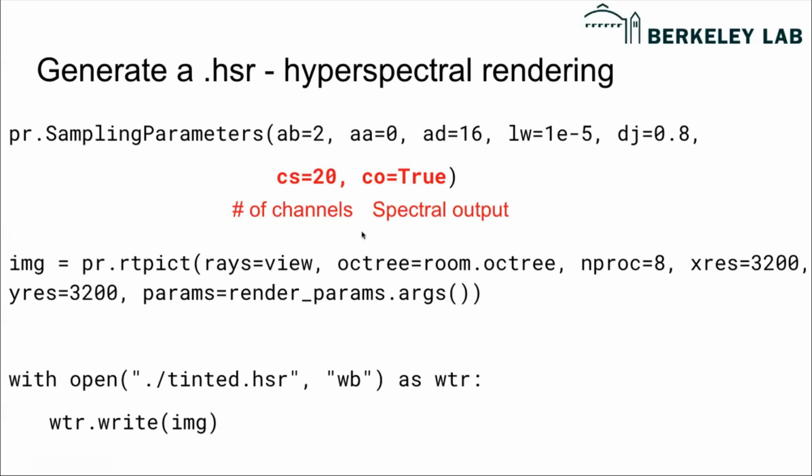And the two things to notice are CS equal to 20, that's the number of spectral channels that you're putting in, and then CO equal to true will give you the spectral output. And then this function will generate the HSR for you, but it doesn't actually save it. So in order to save it, you've got to write it to a file yourself.